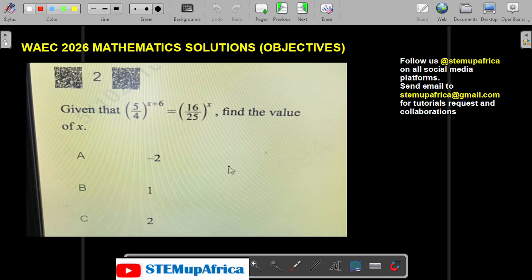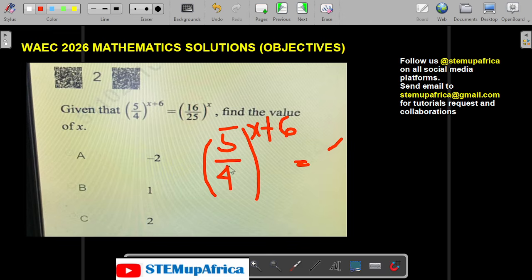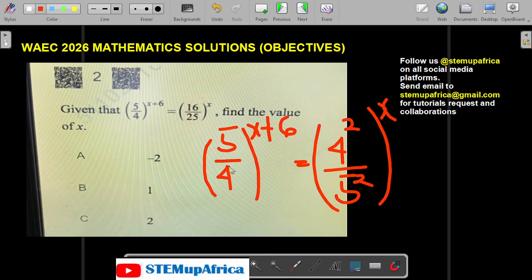Question 2. We are asked, given this, we should find the value of x. So I'm going to have 5 over 4 raised to the power x plus 6 equals 16 over 25. 16 is 4 raised to the power 2, 25 is 5 raised to the power 2, all raised to the power x. So I can bring that 2 as a common factor.